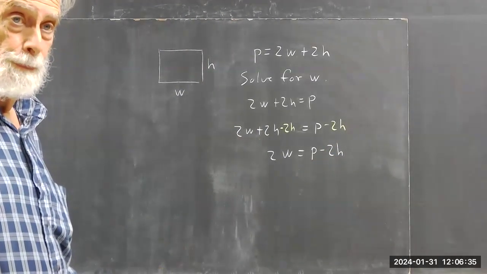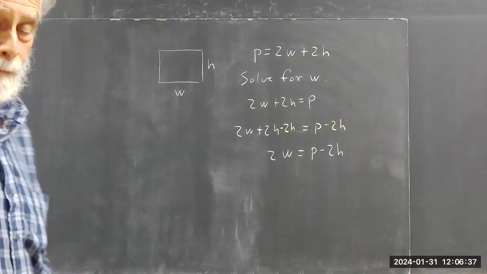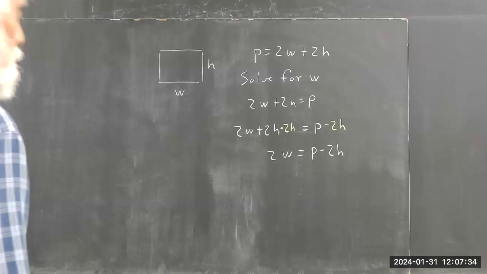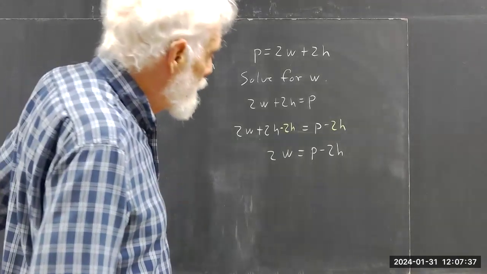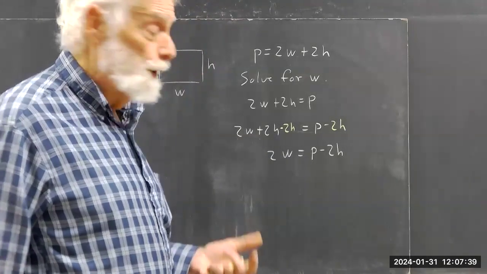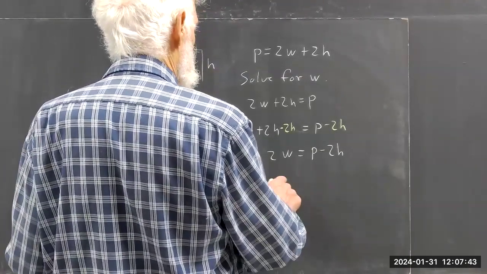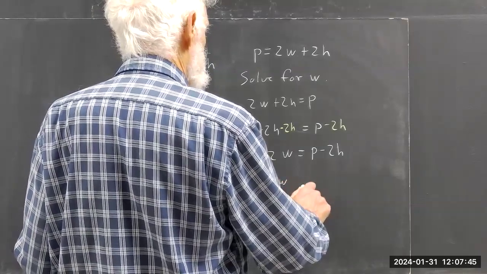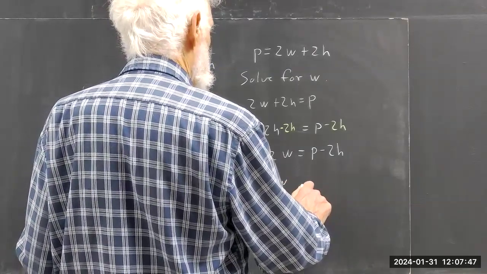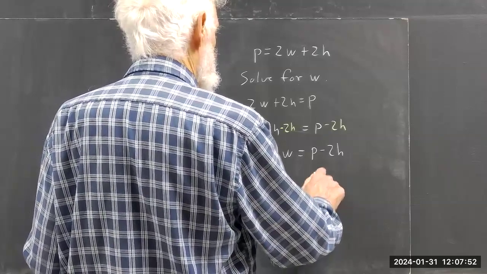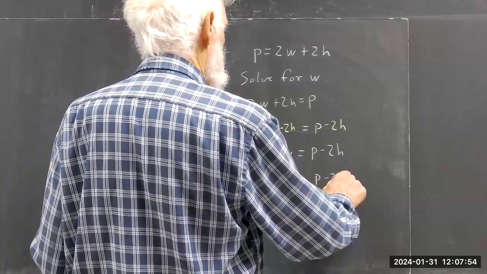Now what do we do? How are we going to get W? What can we do to both sides to get closer to W? Normally we do this in one step, but we're going to do it in two steps. We write 2W, and we're going to divide, so we put the equal sign a little lower, and we have P minus 2H.